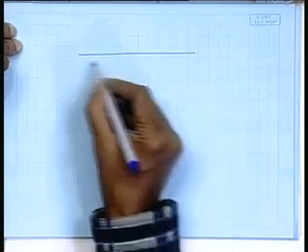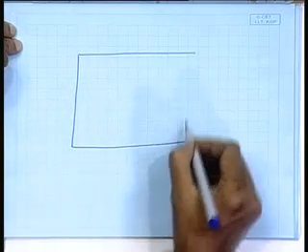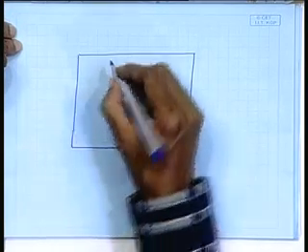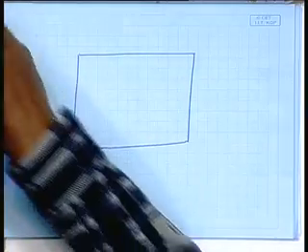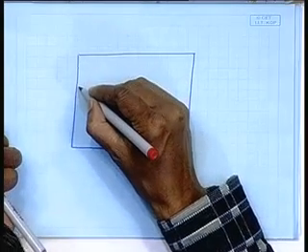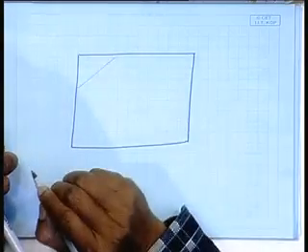So, now you have a plate and apply this heating, say along this line I heat. So, what will happen? This corner part will come up, right.